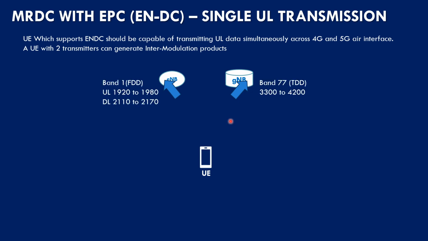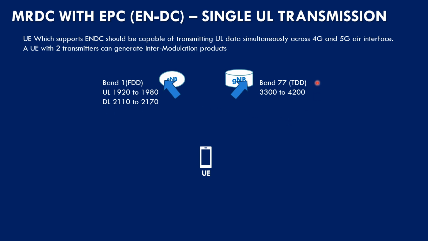So we'll try to understand this with an example. Consider that because the UE is in ENDC mode, it is connected to E node B and G node B, where E node B is configured with band 1 FDD and it is using 1920 to 1980 megahertz as uplink frequency and 2110 to 2170 megahertz in downlink.